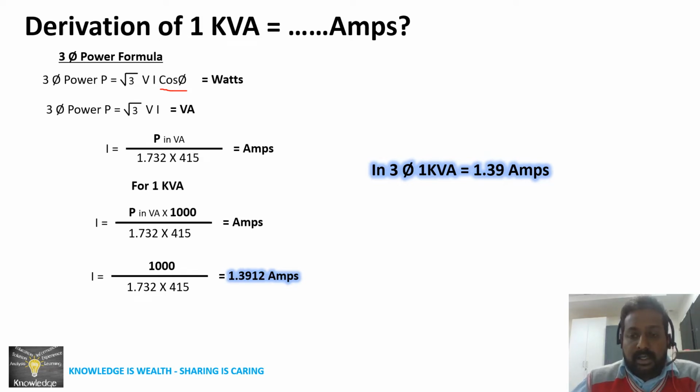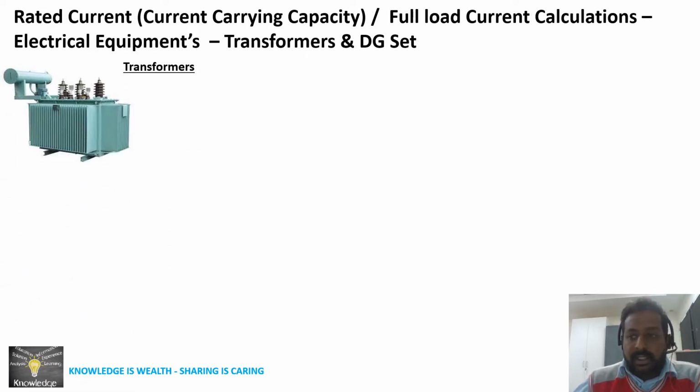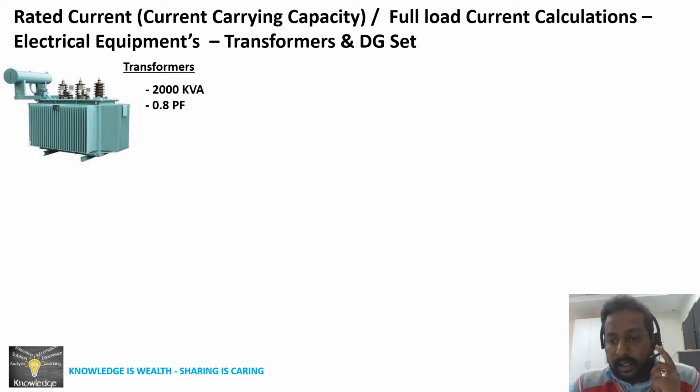Now let's calculate the rated current of different electrical equipment like DG, transformers and UPS. Let's start with the transformer. Let's take one transformer rated 2000 kVA and 0.8 power factor. Usually all electrical equipment is designed and built for 0.8 power factor.